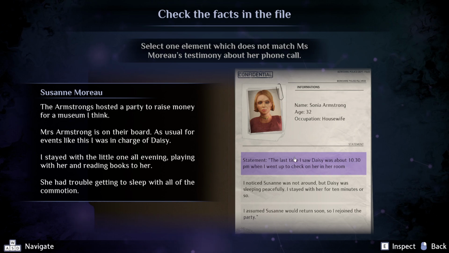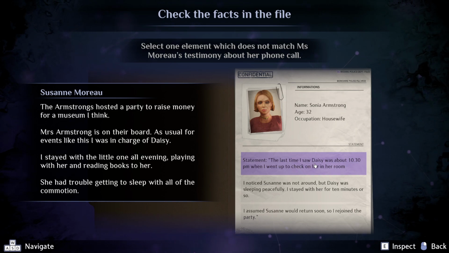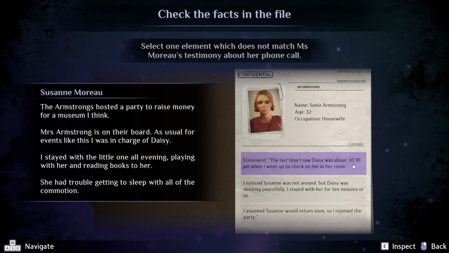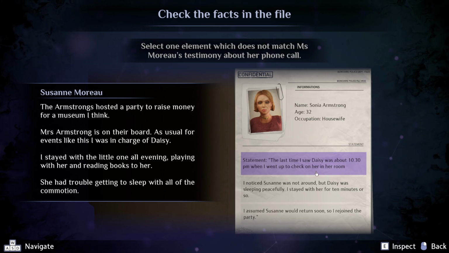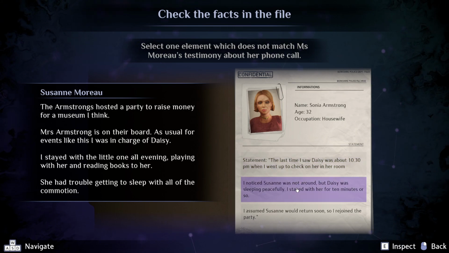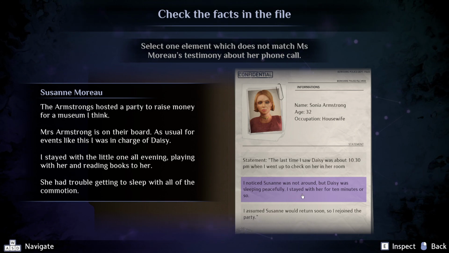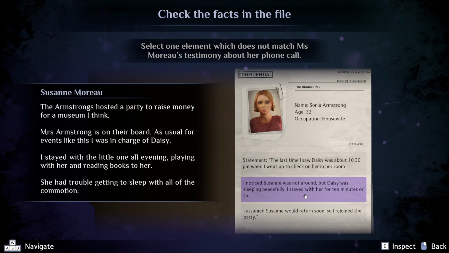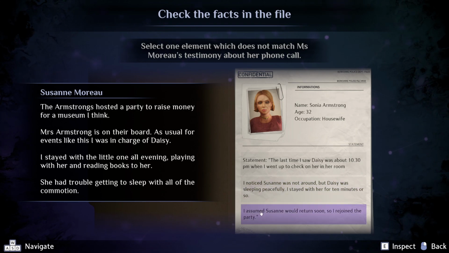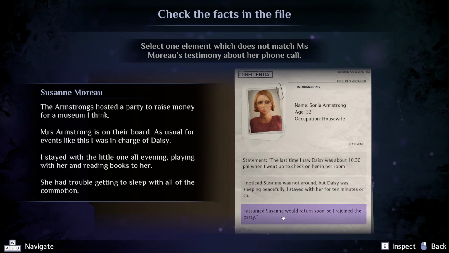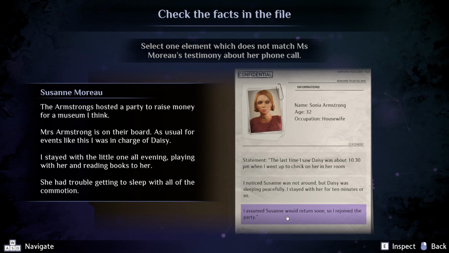So, statement. The last time I saw Daisy was about 10:30 p.m. when I went up to check on her in her room. I noticed Suzanne was not around, but Daisy was sleeping peacefully. I stayed with her for 10 minutes or so. I assumed Suzanne would return soon, so I joined the party.